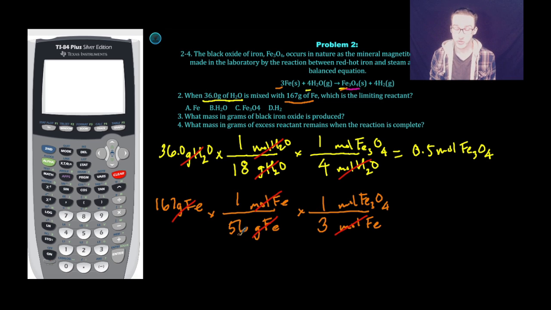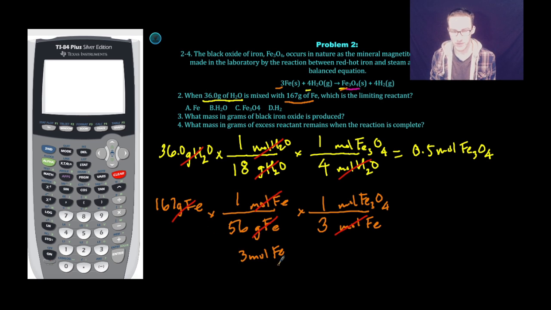Now this one is a little trickier to do in your brain, but hopefully we can still figure this one out. 167 times 1 divided by 56. Well, 50 about 3 times is 150, and 6 about 3 times is 18. So we're looking at about 168 grams there. So we've got about 3 moles of iron.